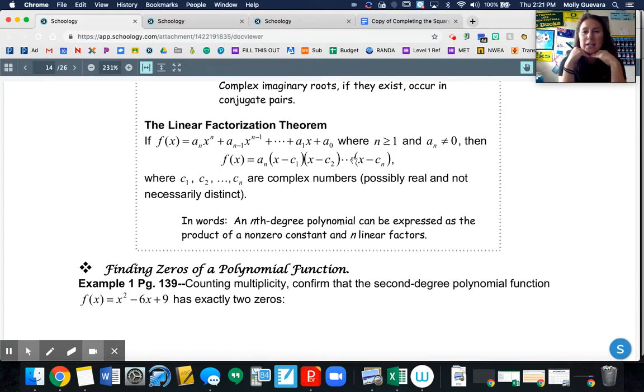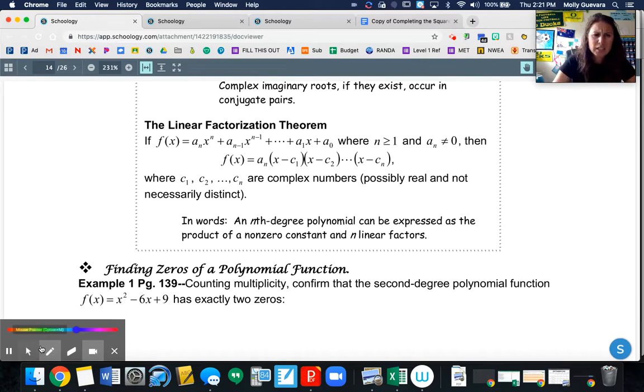It just means x plus 1, x minus 7, 2x plus 3, x minus 4. Those are my linear factorization. So whatever my degree is, I can break that into that many parentheses, that many linear factors.